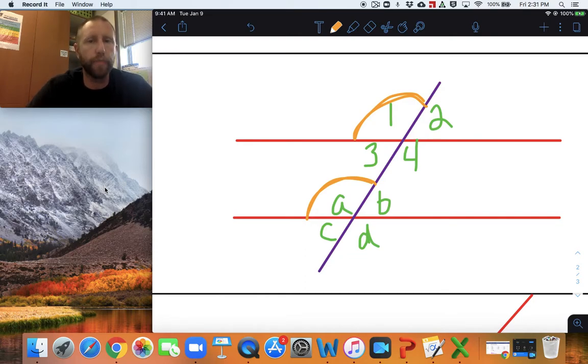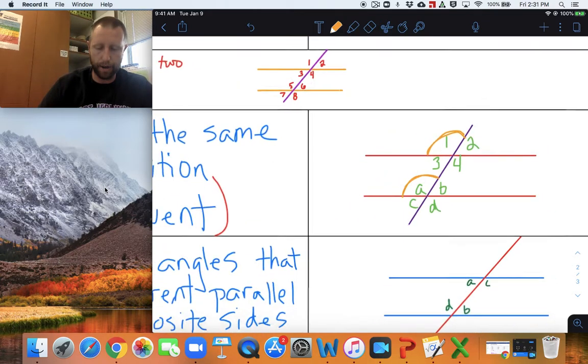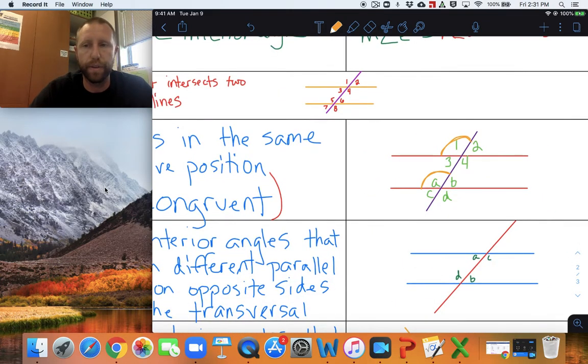They both are obtuse angles. That's what tells us that they are in that same relative position. Angle 2 and angle B are corresponding angles. Angle 3 and angle C are corresponding angles. And angle 4 and angle D are corresponding angles.